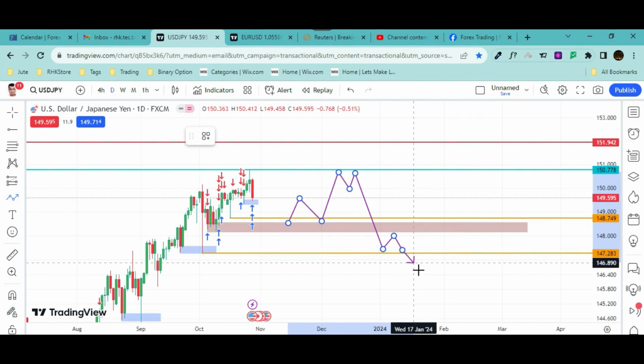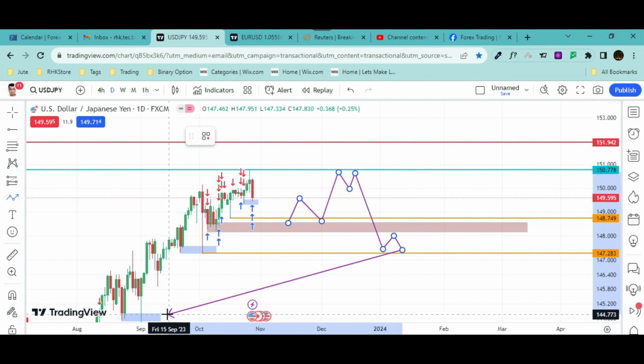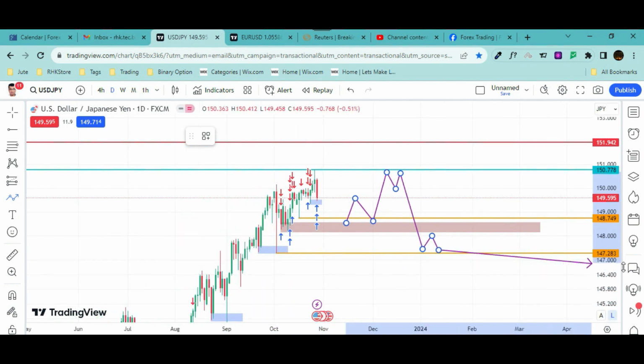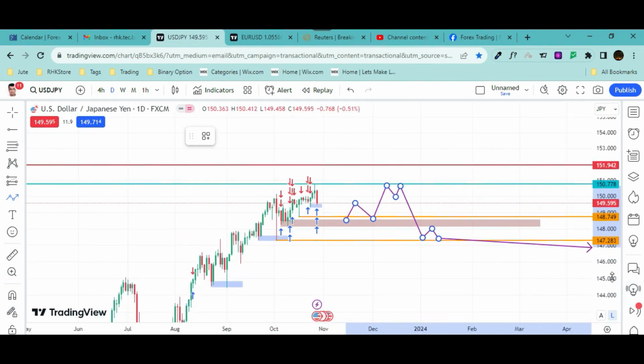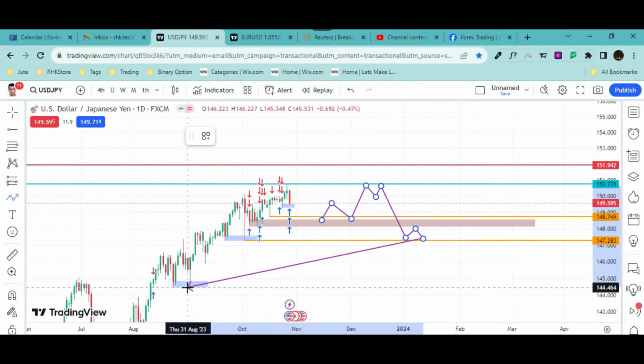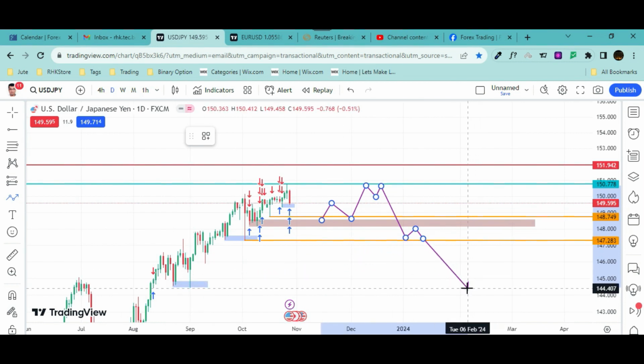And if this retest passes, then there is a chance that it will break down at least to this position, up to this level the price will come.